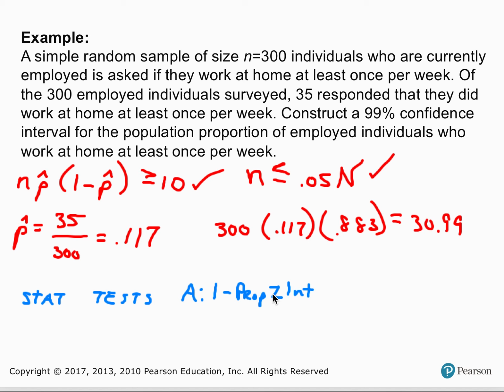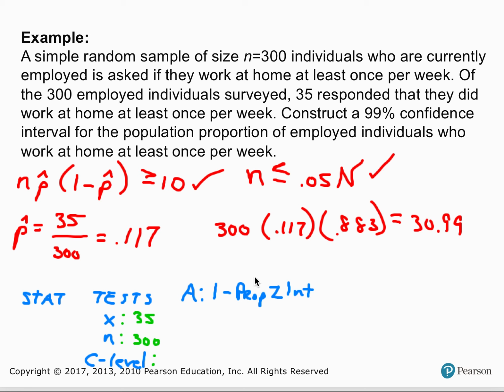Okay. Now here's what it gives me. It gives me X, n, and then C-level. X is the number that meets your condition. n is, of course, the number of your sample size.